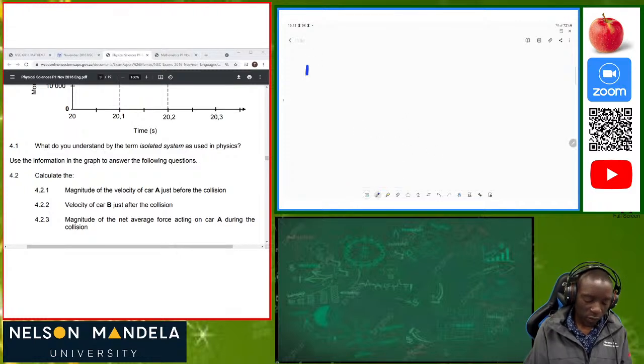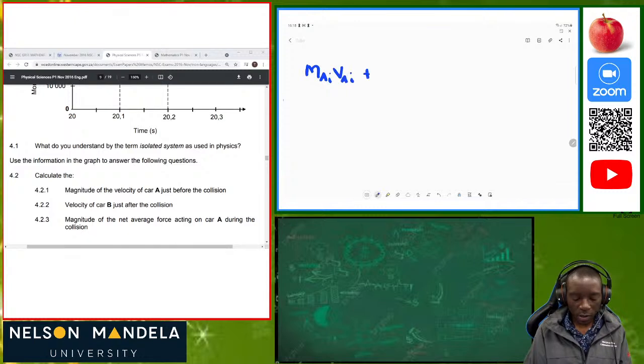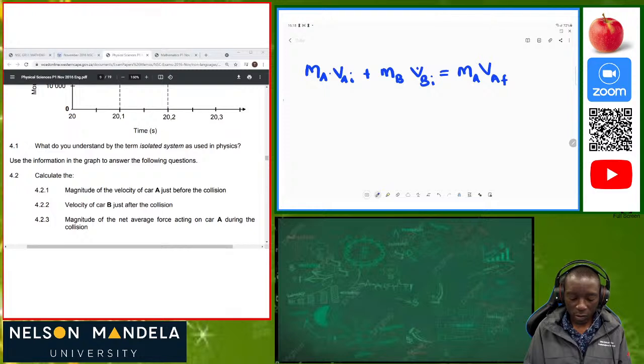the mass of A initially times the velocity of A initially, plus the mass of B initially times the velocity of B initially, should be equal to the mass of A times the velocity of A final plus the mass of B times the velocity of B final.